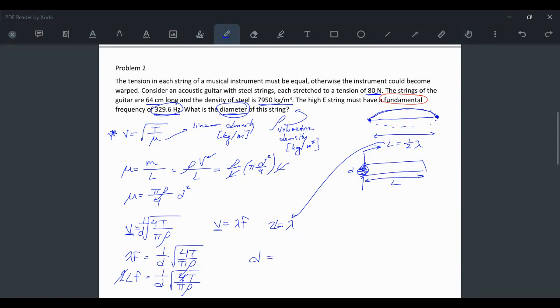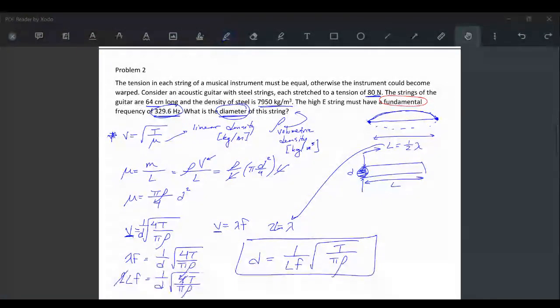I know this is a lot and I'm going quickly, but it's just algebra. It's not really physics at this point. I'm trying not to dwell on it. We get something that looks like this.